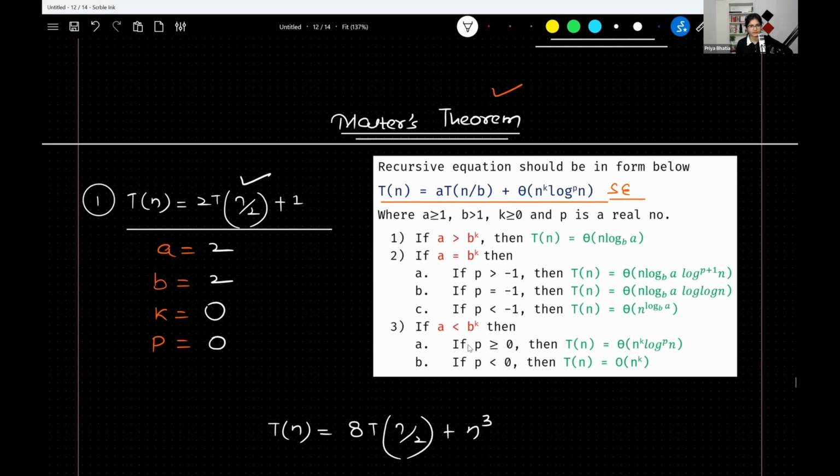So out of case number 1, case number 2, and case number 3, which case are we lying in? Is the value of a bigger than b to the power k, equal to b to the power k, or less than b to the power k? a is greater than b to the power k. It means we are in case number 1, because a is 2, which is bigger than 2 to the power 0, which is 1.